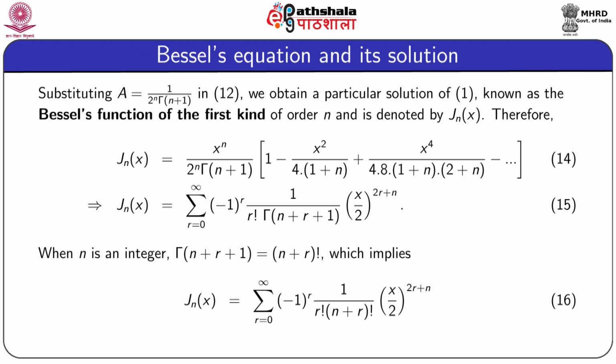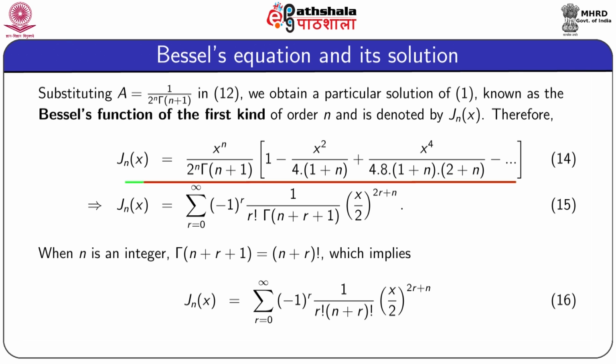Substituting a equal to 1 by 2 to the power n gamma function n plus 1 in equation 12, we obtain a particular solution of 1 known as Bessel's function of first kind of order n and is denoted by J n x.